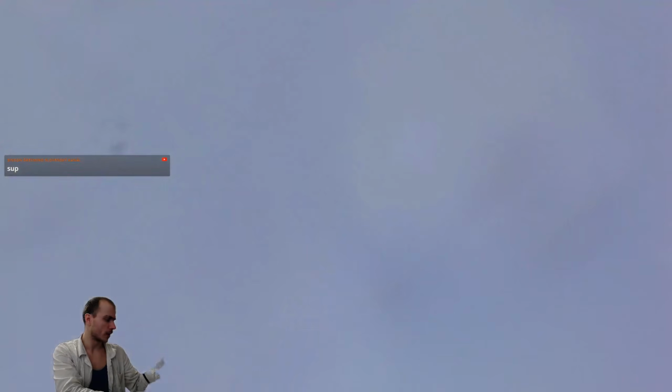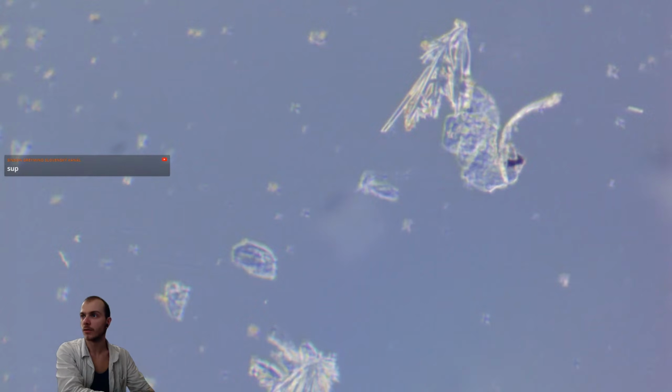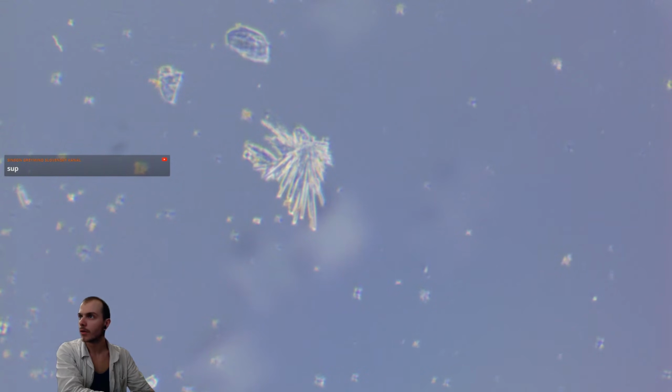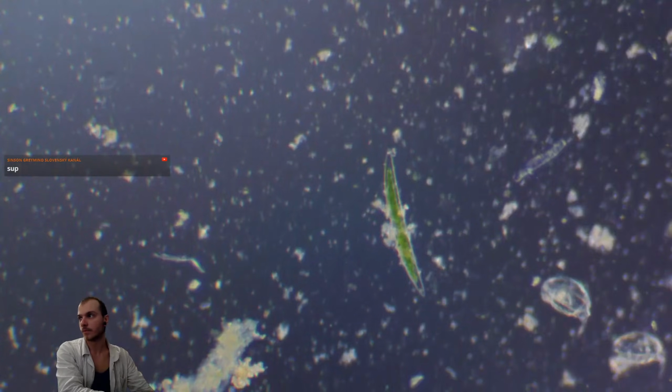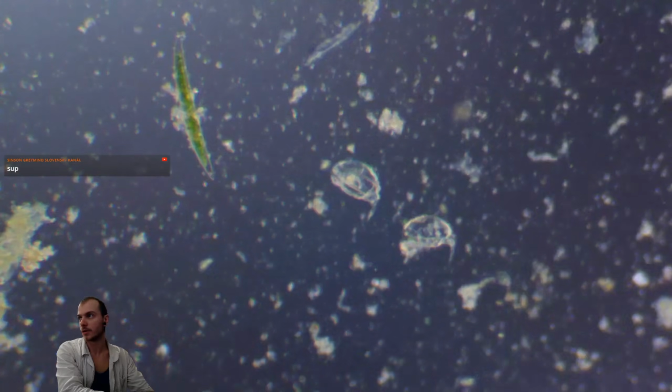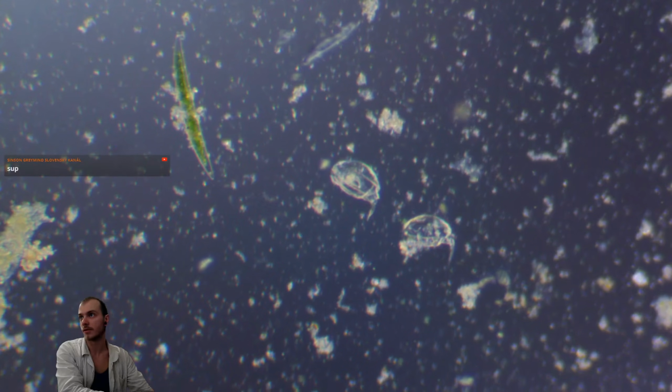Look, this looks like some sort of crystal. I'm not sure if this is crystal structure or not. Again, Clostridium and bdelloid rotifer skeletons.